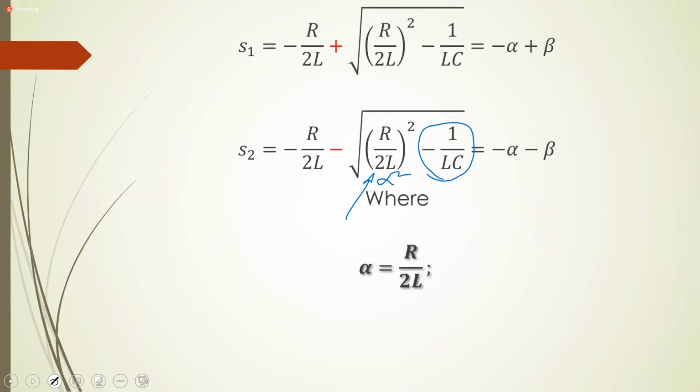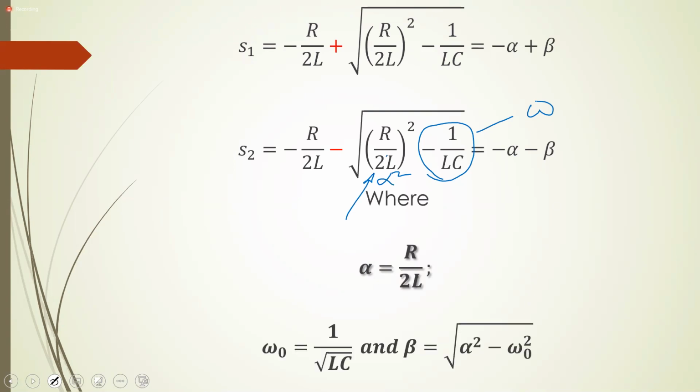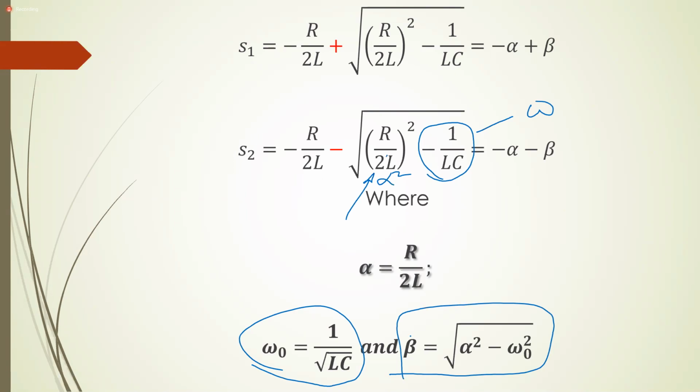Of course, we went all the way down to F, so it would be 1 over 2 pi root LC. So with 1 over root LC representing omega naught, if we substitute those into our brackets, then beta is equal to the square root of alpha squared minus omega naught squared.